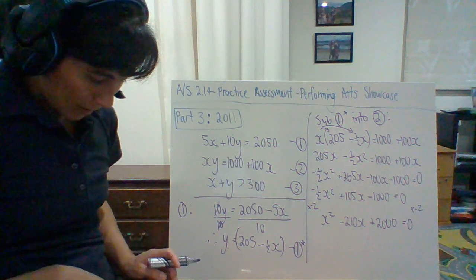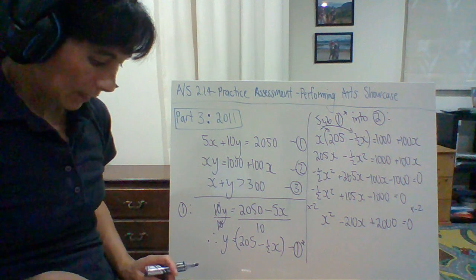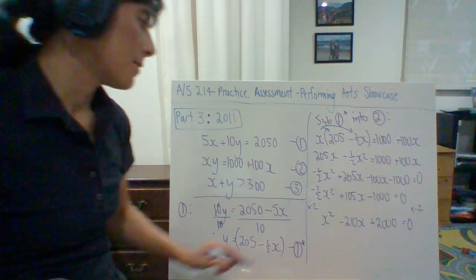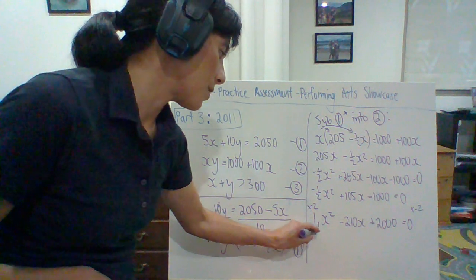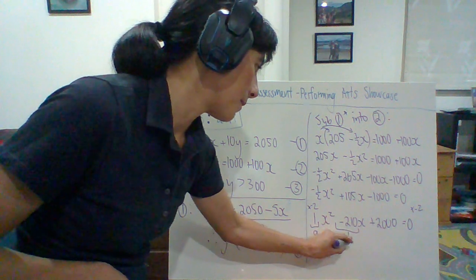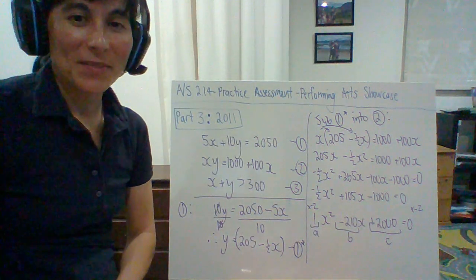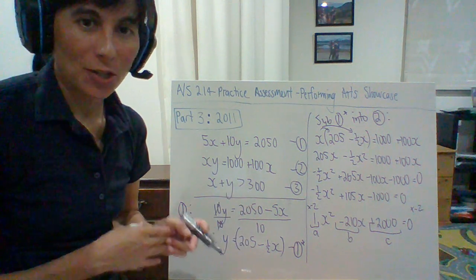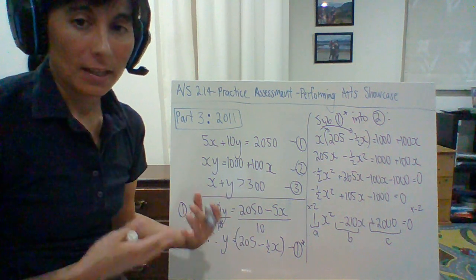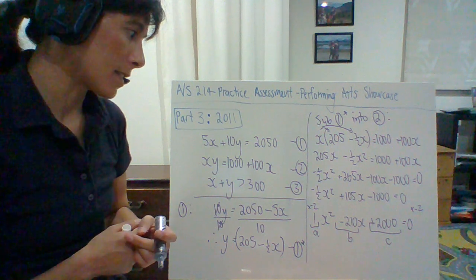Let me just check I'm all good here. Yep, it's looking good. At this point, we need to use the quadratic formula. You can try and factorise, of course, but it's probably better I show you how to use the quadratic formula in the event you weren't able to factorise this.